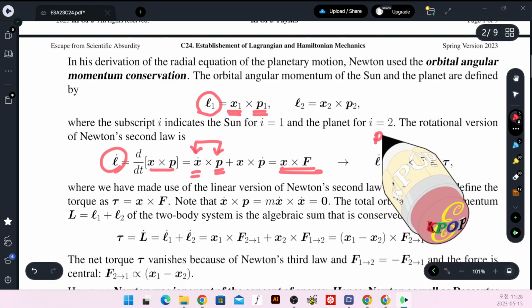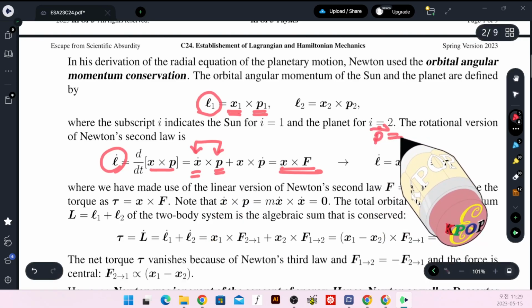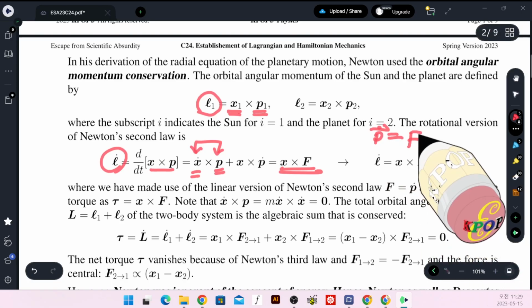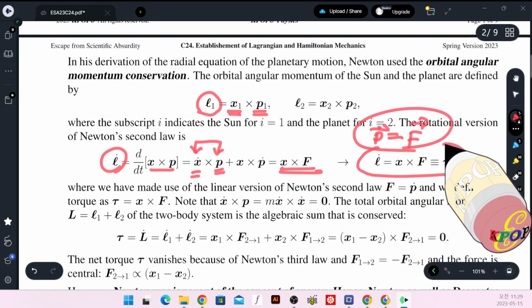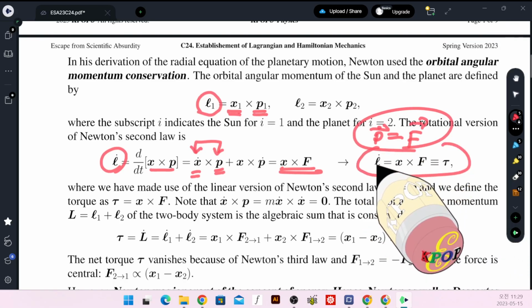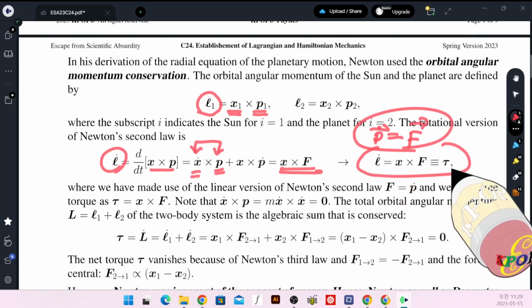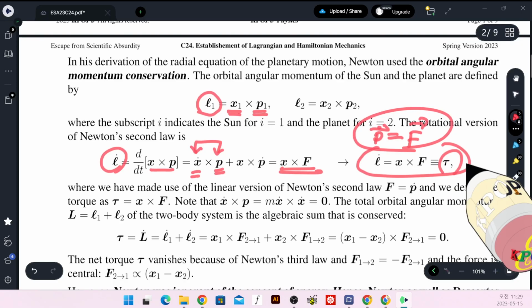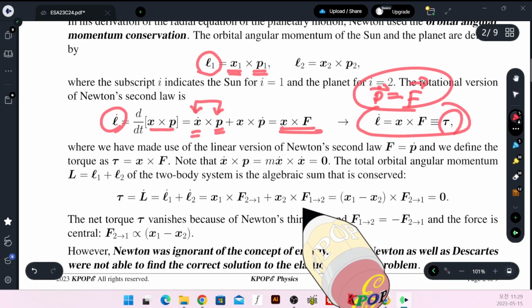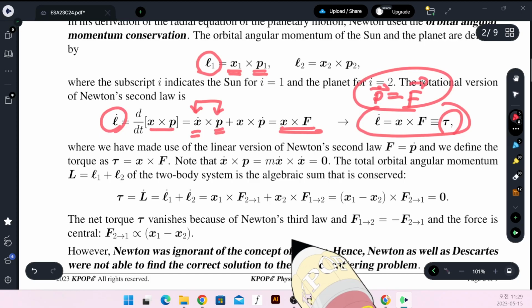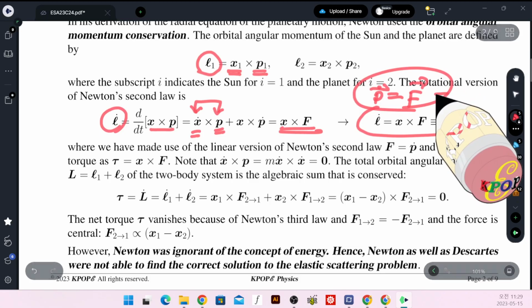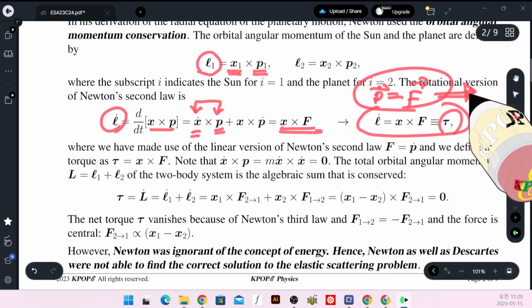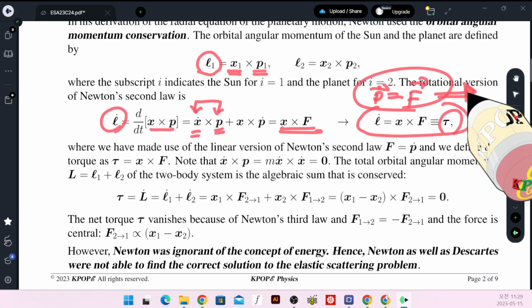So we have P dot equals F, force. This is the linear version of Newton's second law, and the orbital angular momentum's time derivative is torque. That is the rotational version of Newton's second law. Applied to a system of particles, we reach the point that total linear momentum is conserved.